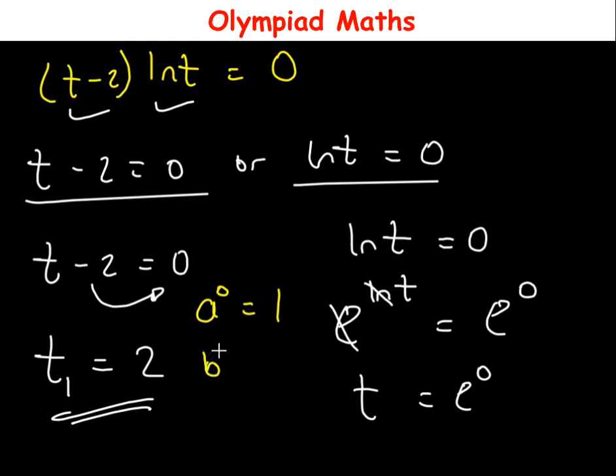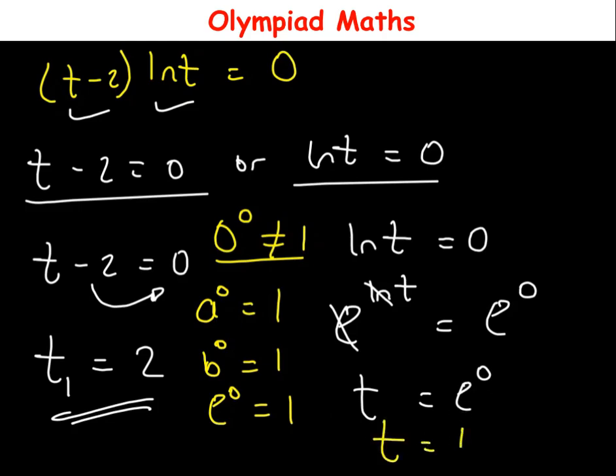If you have b raised to power 0, it is equal to 1. Also, e raised to power 0 is equal to 1, except for 0 raised to power 0, which is not equal to 1. So any number apart from 0 raised to power 0 is equal to 1. So now the value of t is equal to e to the power of 0, which is 1. So t2 is equal to 1.